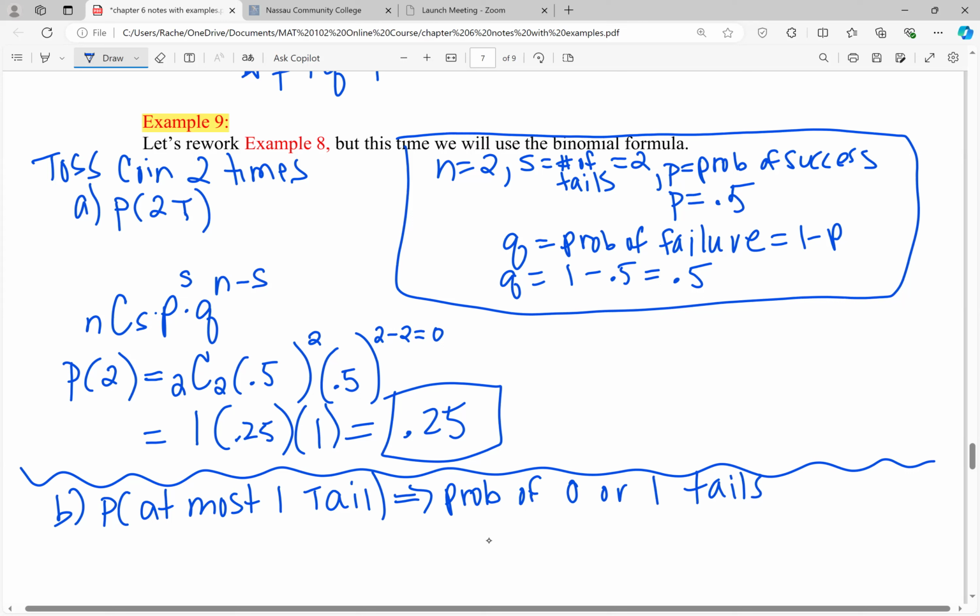Because at most 1 means it could be 1 or anything less. So it's possible that we get no tails or 1 tail. So we have to add these two probabilities together. So we're going to have to do the formula twice. So first we're going to have to do the formula for 0 tails. Then we have to add and do the probability. So we're going to use the formula again for the probability of 1 tail.